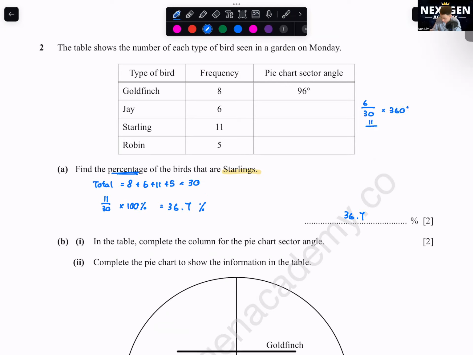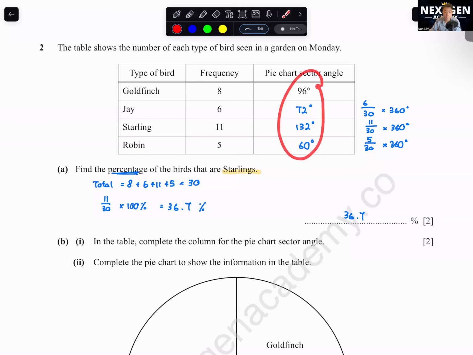This one, 11 over 30 times 360 degrees, 5 over 30 times 360 degrees. You get here 72 degrees, 132 degrees, and here 60 degrees. You just double check it, you calculate all of these, you add up together, you see whether you get 360 degrees or not.